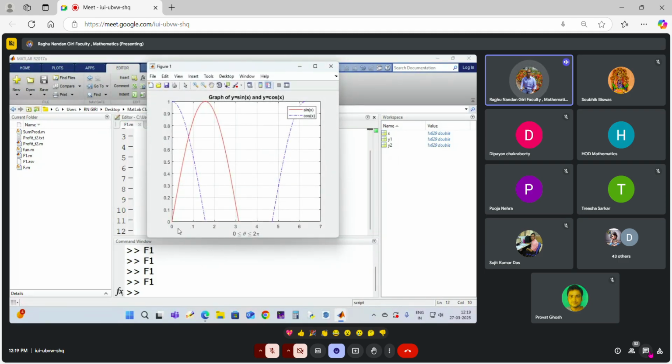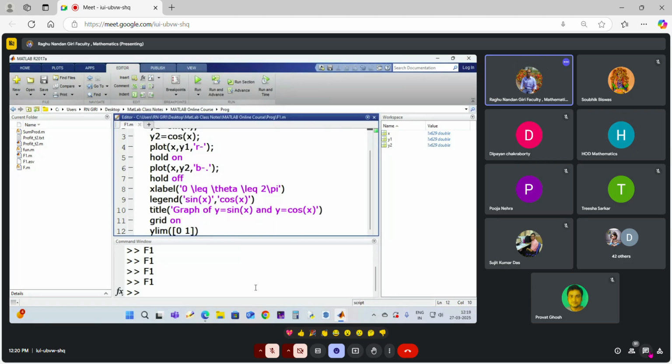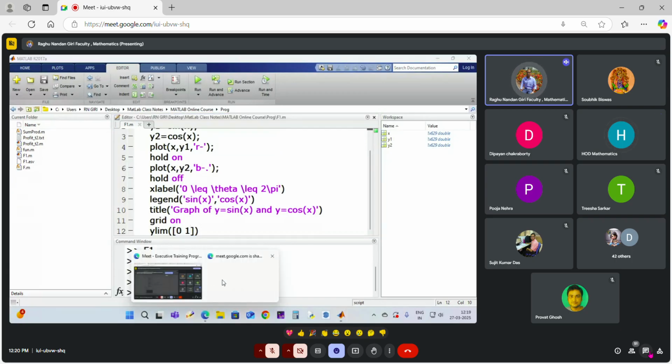See, the positive-value sine graph: at 0 its value is 0, then at pi by 2 it is 1, then at pi it is 0. Then after pi to 2 pi it is negative, so no branch is here. So in this way we can format your figures. Okay. So see the presentation.